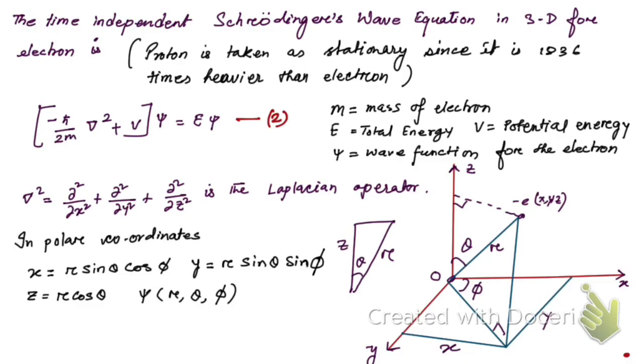From this triangle, this is the perpendicular, this is the hypotenuse, and this is the base. Sine theta is equal to perpendicular by hypotenuse, that is P by r. So the perpendicular will be equal to r sine theta. This perpendicular is nothing but this one.